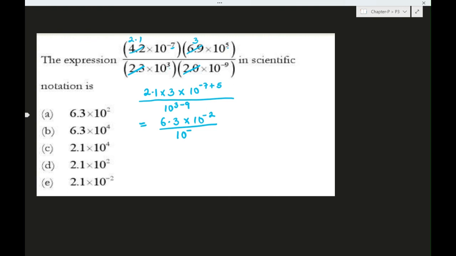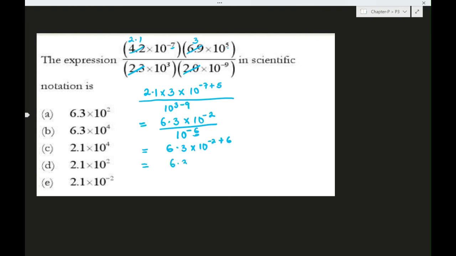And here we have 3 minus 9. So this will be minus 6 here, right? So this becomes 6.3 times 10 raised to the power minus 2 plus 6. You can take this up to become positive.